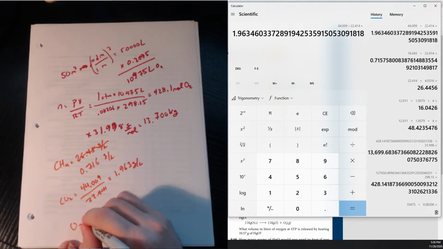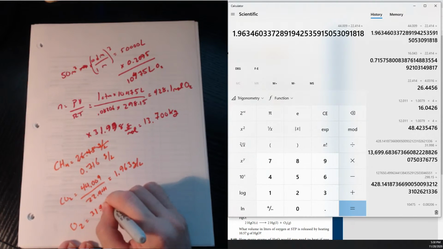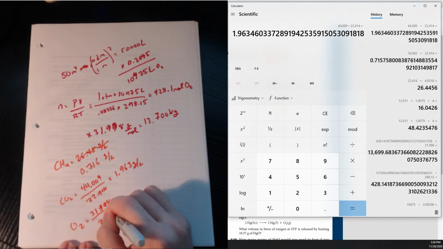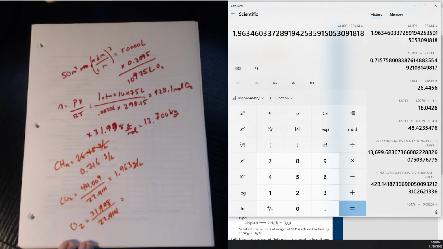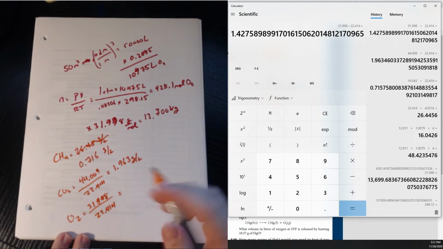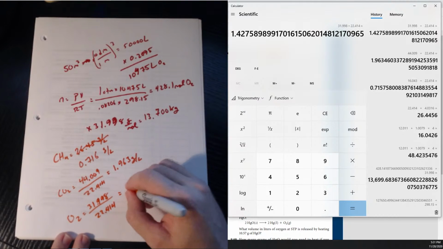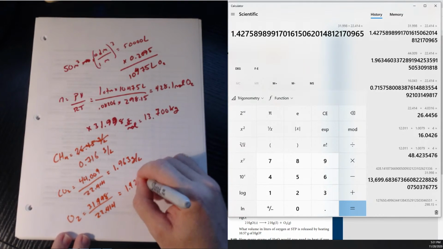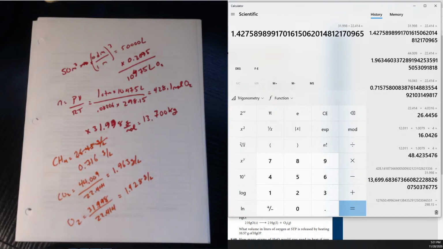And for O2, it's 31.998 divided by 22.414. Measuring density was actually the way they found molar masses once upon a time. 1.428 grams per liter.